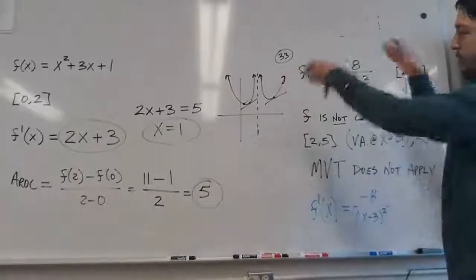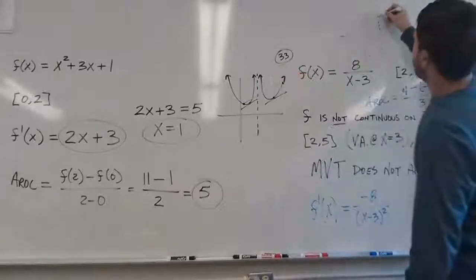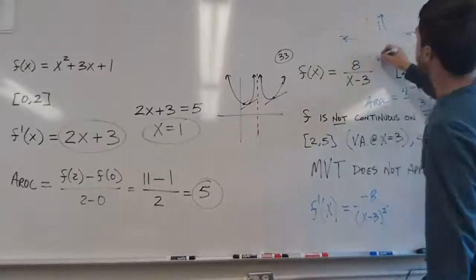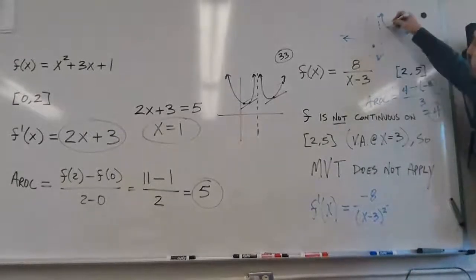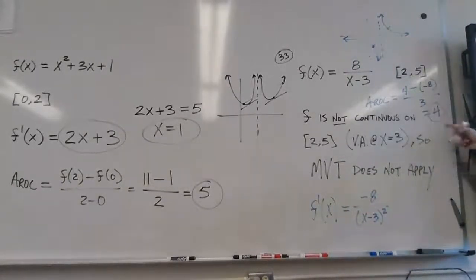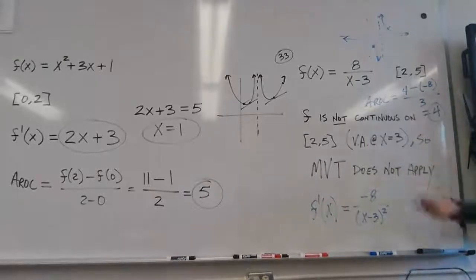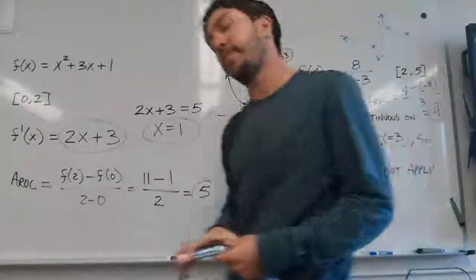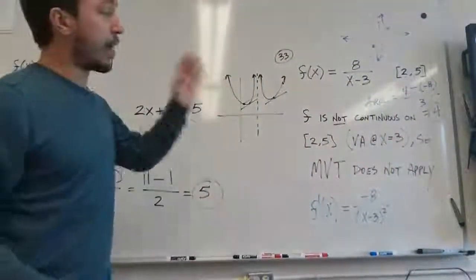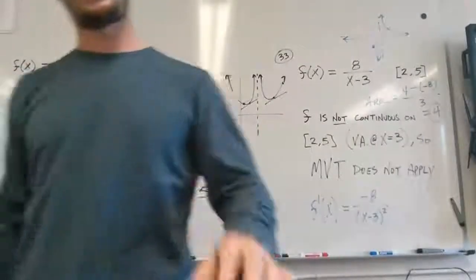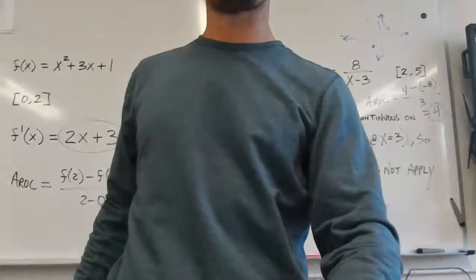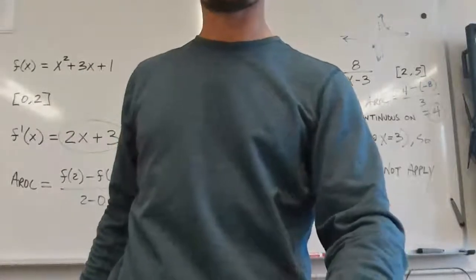It's a shifted reciprocal function, which always has negative slopes. But the average rate of change from 2 to 5 is positive 4. So you're never going to find a value where the slope is equal to the average rate of change. In that case, not only is your c value not guaranteed, there is no such c value. You can't find one. So at the end, they all lived happily ever after.